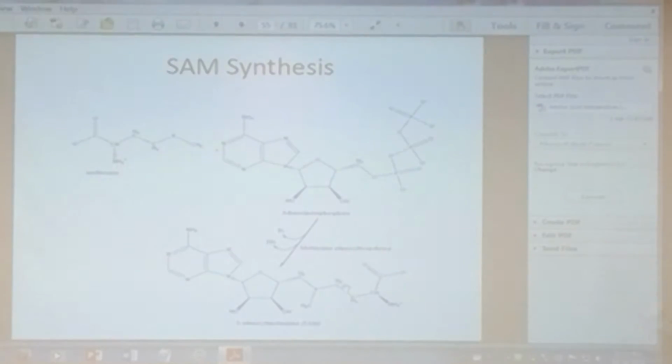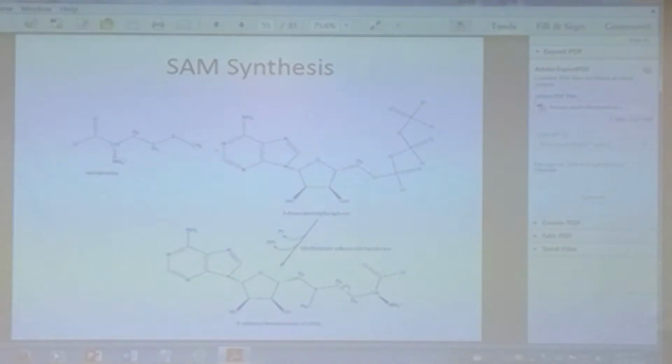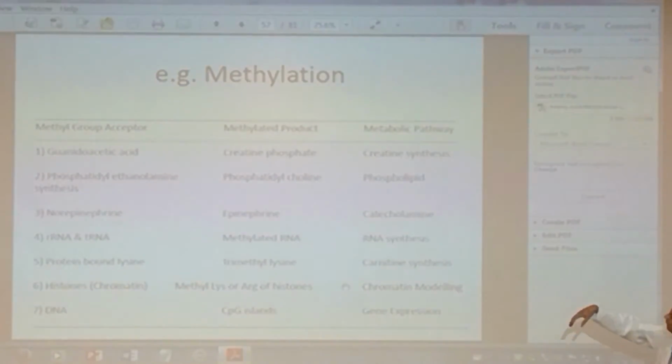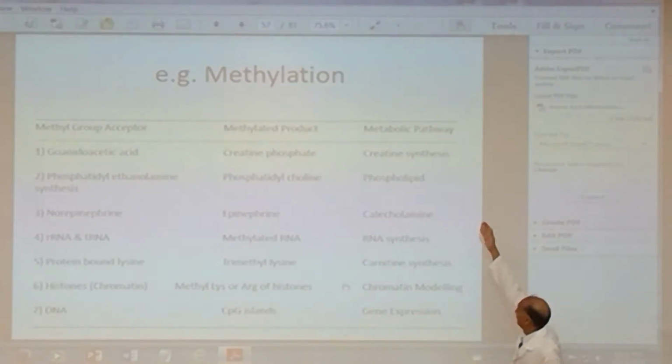SAM synthesis, methionine is the amino acid, sulfur amino acid, and then you would add the adenosyl group to form the SAM, and it is this methyl group that gets transferred onto various recipient compounds, and you get the methylated product. DNA methylated product, RNA can be methylated, so many compounds. Okay, so here is the list of methylated products.